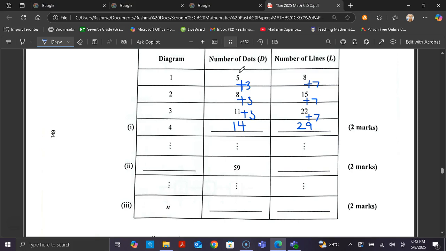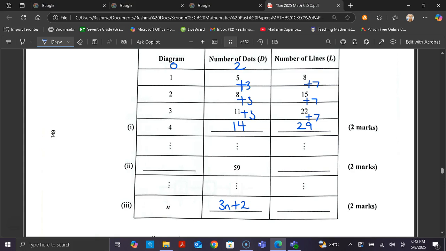So if I were to subtract 3 from 5, I will get 2, for, let's say, a diagram 0, meaning that the y-intercept is 2. So if we put it together, then the nth diagram will therefore have 3n plus 2 dots.